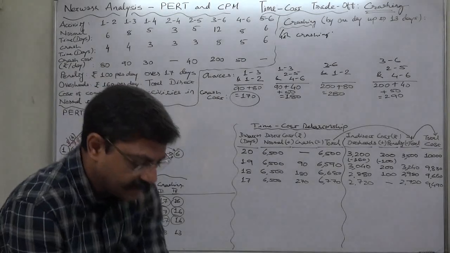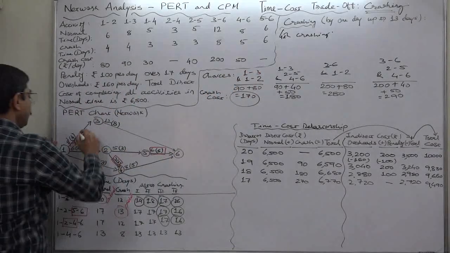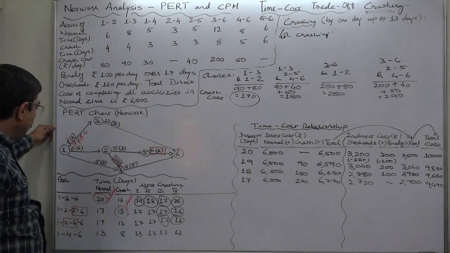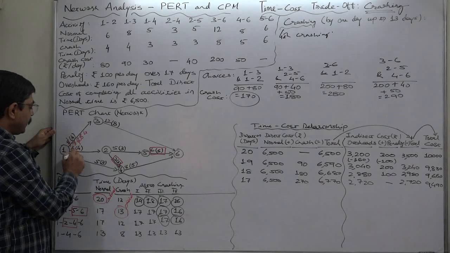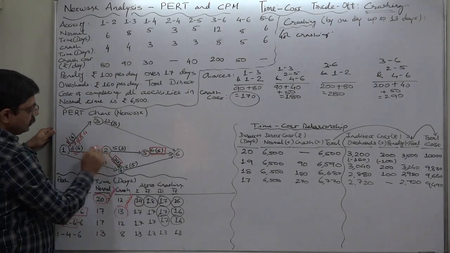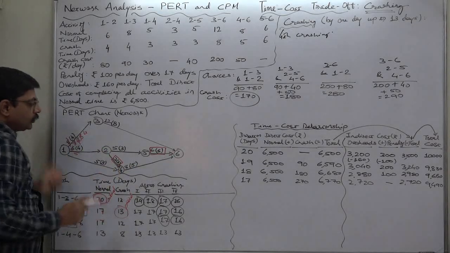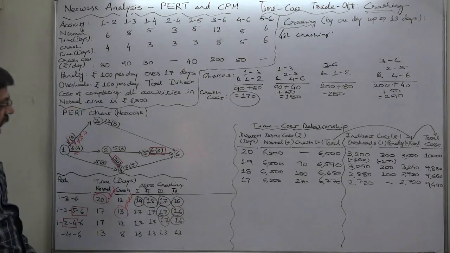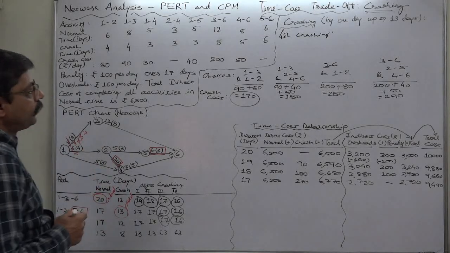The duration of activity 1-3 will be reduced by 1 day, and the duration of activity 1-2 will be reduced by 1 day. 1-2 is a common activity on two critical paths, so ultimately the duration of all three critical paths has reduced by 1 day.